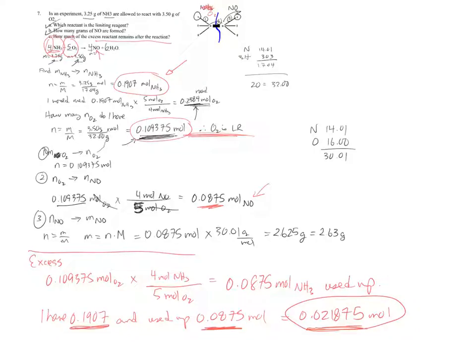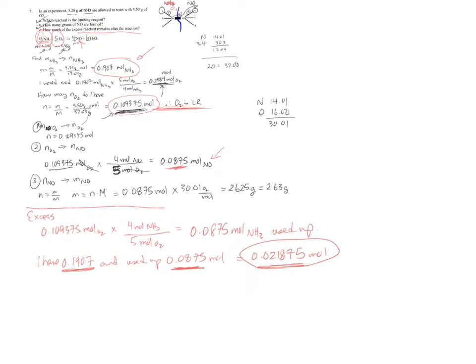If you wanted to figure out how many grams that would be, then you can just use your formula to figure that out. We might as well do that. So if I wanted to convert that to grams, moles is equal to mass over molar mass. So mass is moles times molar mass.